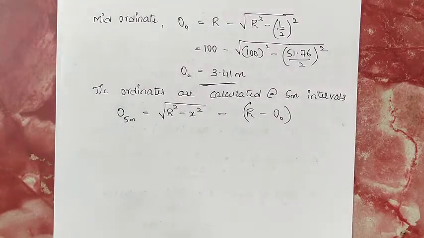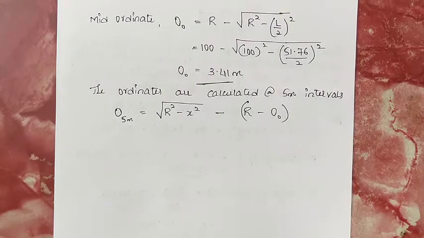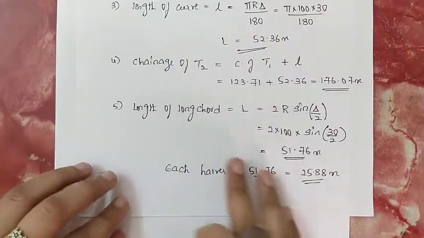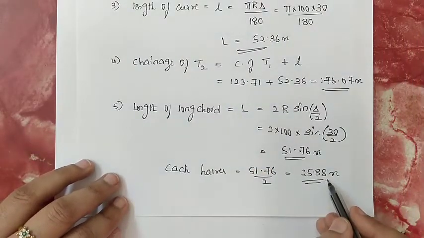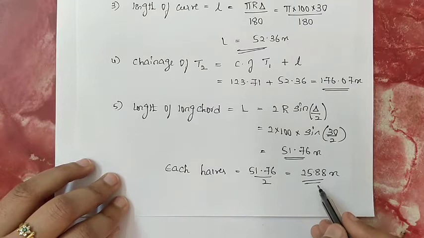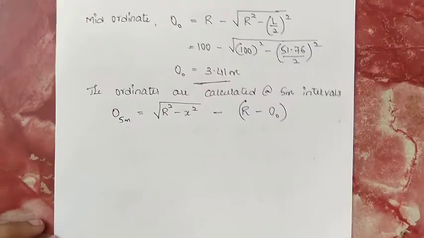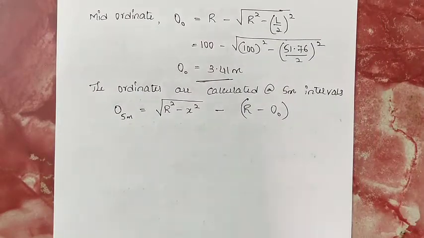You need to calculate the respective ordinates at regular 5 meter intervals up to half of the long chord length obtained, that is 25.88.